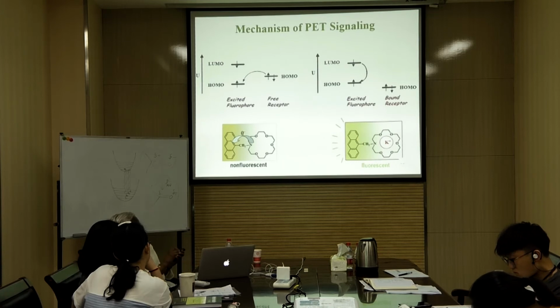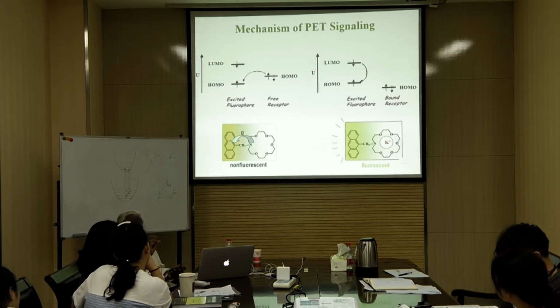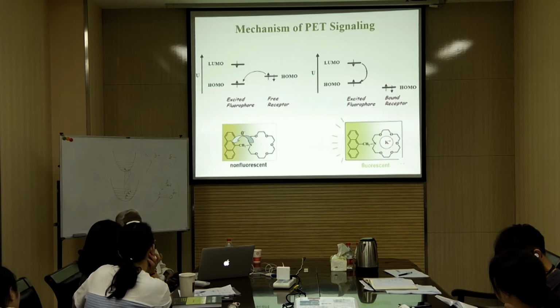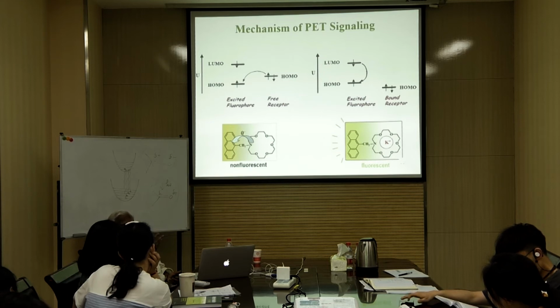It can be, for example, H plus, or it can be a sodium plus. But to selectively decide whether you want H plus, sodium plus, and so on, you have to control this part, that is the receptor part. If you have a crown ether which will bind only to sodium, then it becomes a sodium sensor.